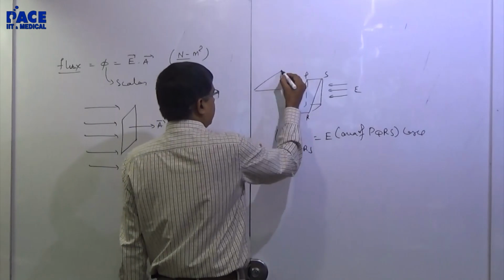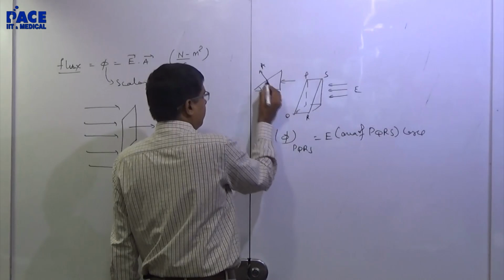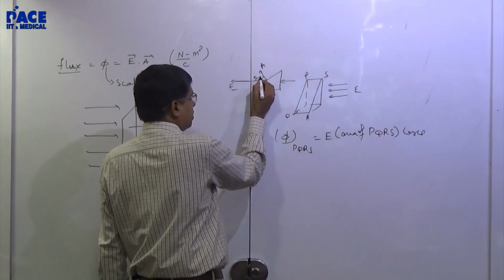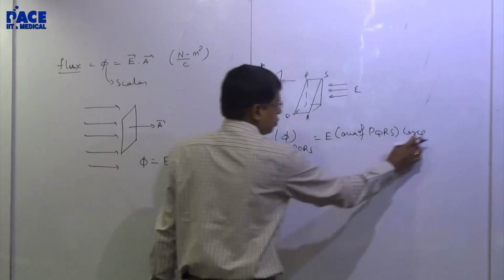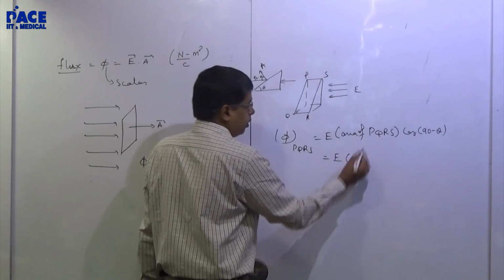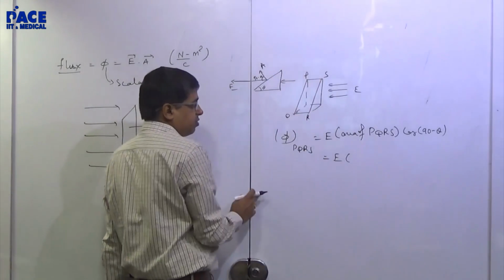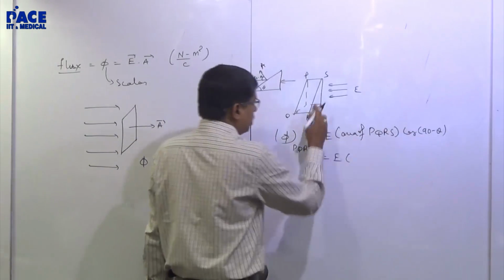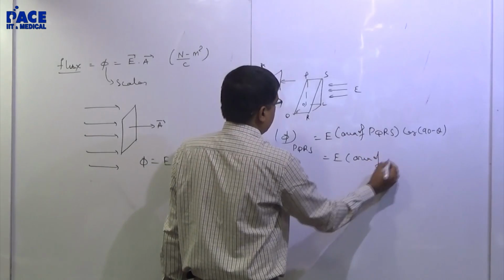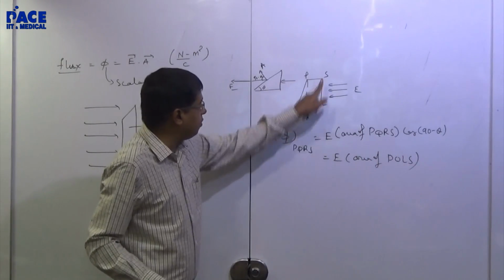If you see the inclined plane like this, this is the field, this will be the area vector. If this is theta, this will be 90 minus theta, am I right? So this will be cos 90 minus theta. E into area of PQRS, instead of this into this, you can write area of POLS.